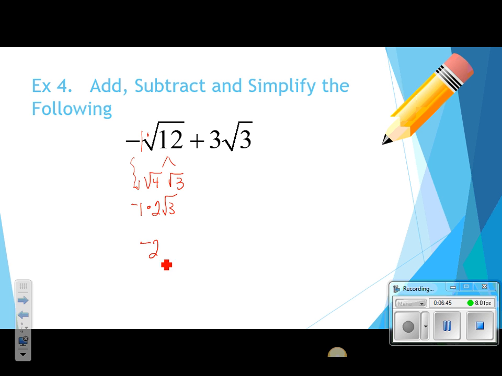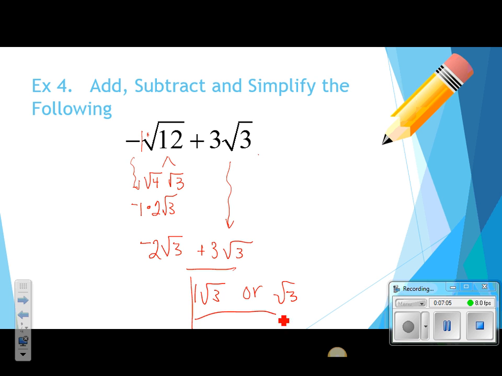Times 2 would be negative 2 square roots of 3. And then 3 square roots of 3, that's already simplified. So I'm going to just bring that all the way down. And negative 2 square roots of 3 plus 3 square roots of 3 would be 1 square root of 3. Or I could just write it the square root of 3. Because remember, we don't have to write that 1 if we don't want to.